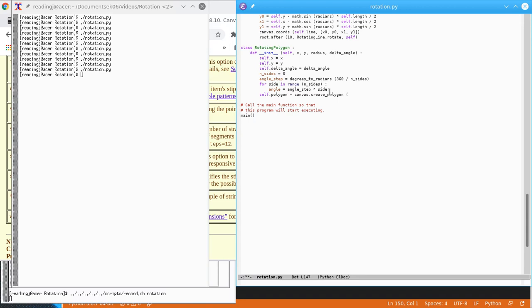All right, so now we need x0 equals x. So my first vertex is going to be straight above the center of the polygon, okay? y0 equals y minus radius. And I haven't stored self.radius, and I don't really need to.